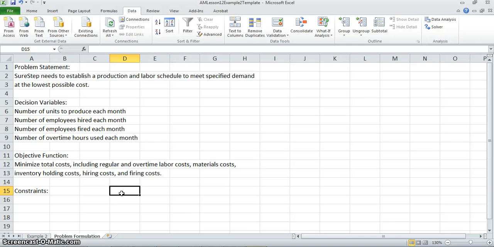So we want to minimize the sum of all these costs for the entire period.